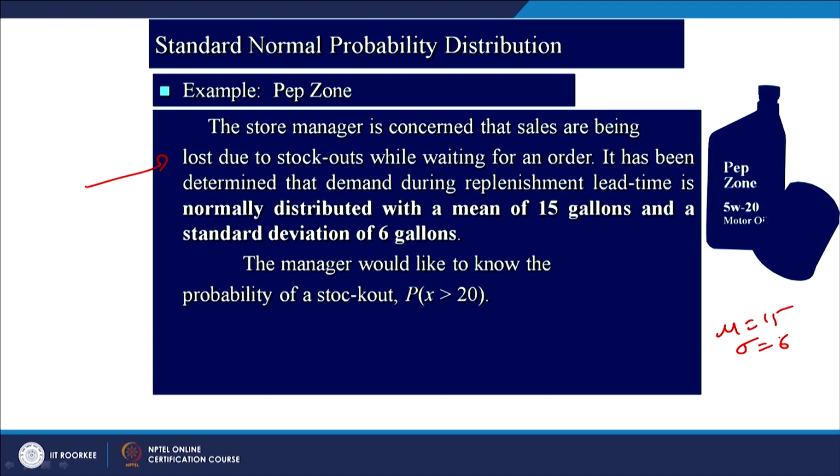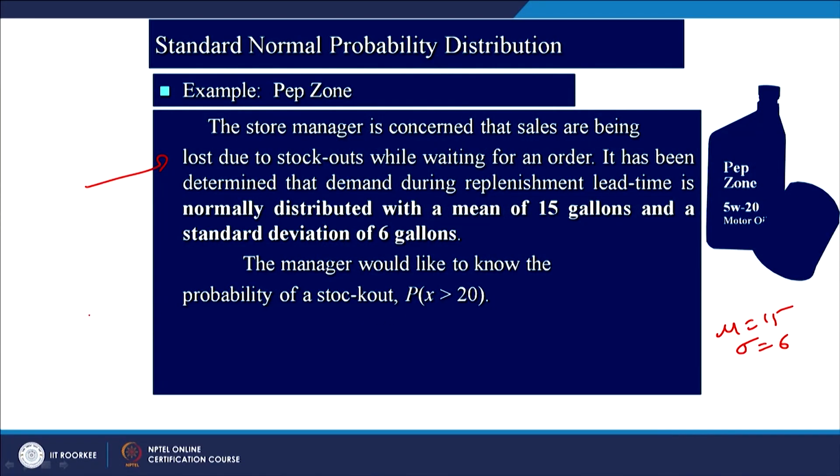So, what is the concern here? Whenever you place the order and when you receive the order, that time is known as lead time. So, there is a possibility of a customer not getting oil during this lead time due to stock out. So, the manager would like to know the probability of stock out.